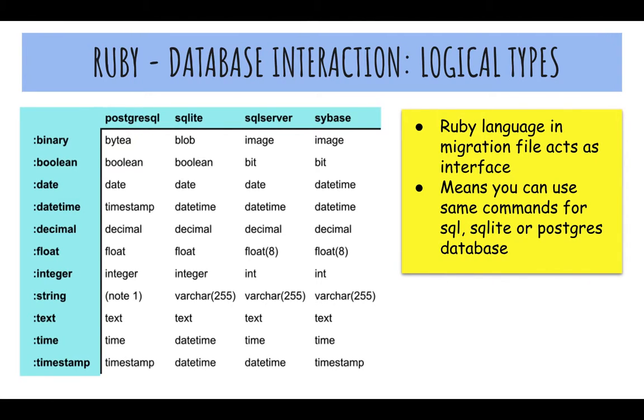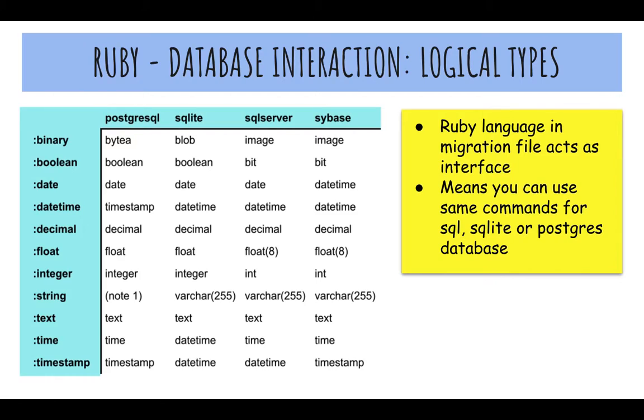As I mentioned, the Ruby within the migration can act as a wrapper for our database interaction. The Ruby terms on the left, binary, boolean, date, datetime, decimal, float, integer, string, text, time, and timestamp, take the place of all the possible data types that we can have within, for instance, PostgreSQL, SQLite, SQL Server, and Sybase.